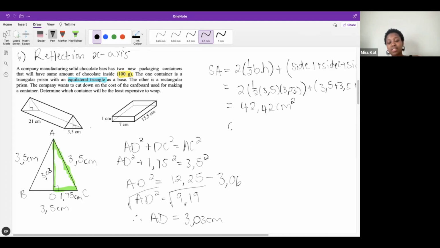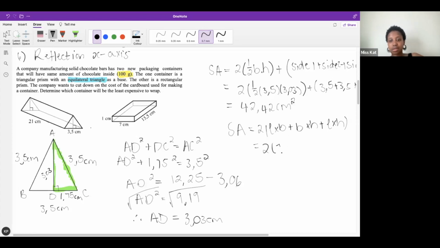Where's Tammy with her fancy formula? SA is 2 times length times breadth plus breadth times height plus length times height, which is 2 times. Abu, you got a different answer?